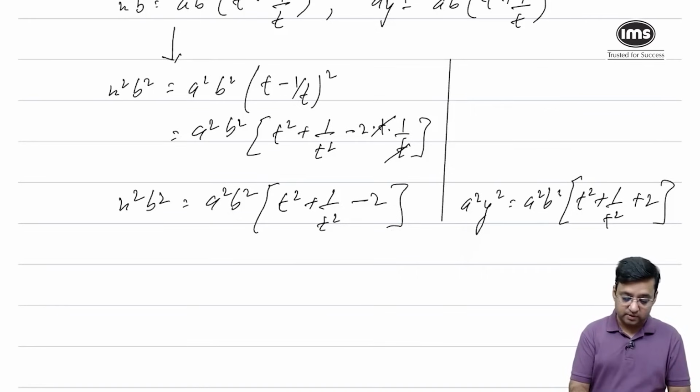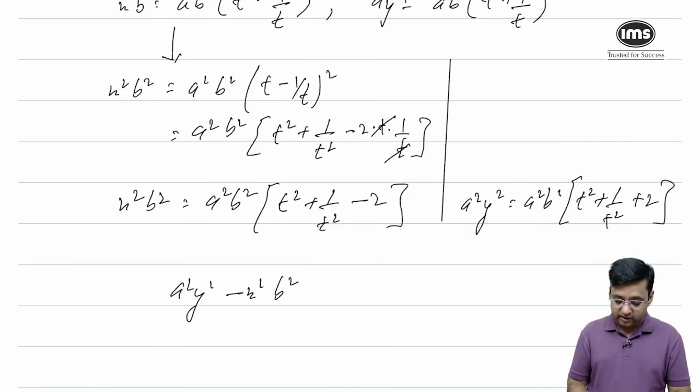That means I'm going to subtract a square y square minus x square b square. So this will become a square b square in common.